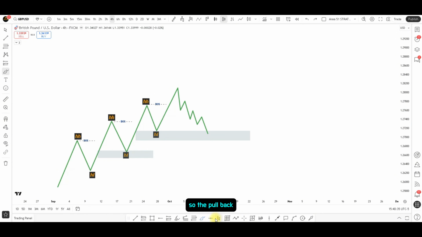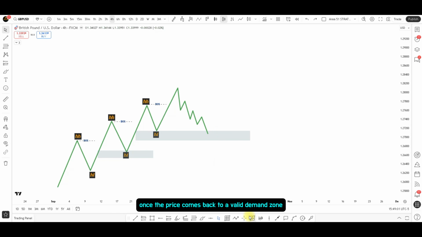So the pullback is what we call the internal market structure, and this is where, once you identify this on the higher time frame, like the 4 hours or the 1 hour, depending on what type of trader you are. If you are a day trader, you find this on your 4 hour time frame, you refine it on your 1 hour time frame, then you go to the 15-minute time frame, and then after that you wait for price to return back to a valid demand zone.